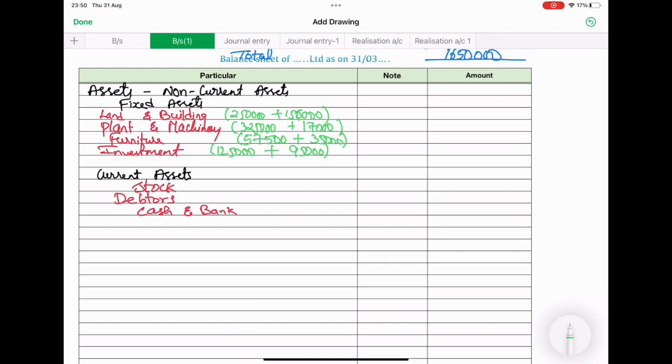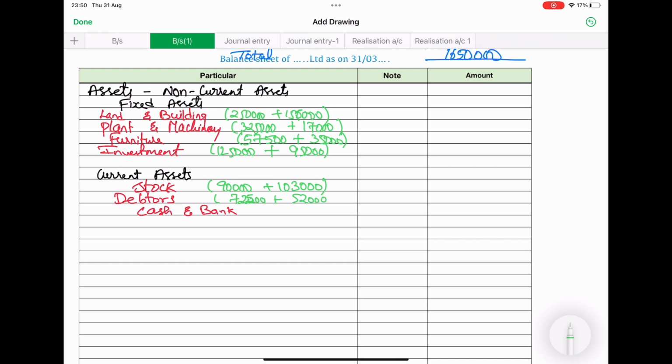Stock of P Limited is 90,000 and S Limited is 1,03,000. Next, debtors are valued at 72,500 plus 52,000.